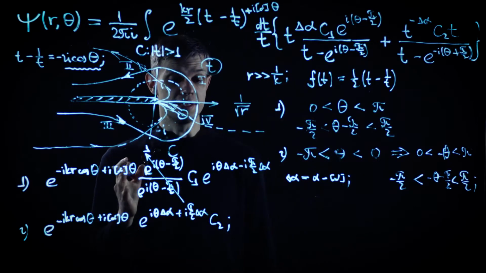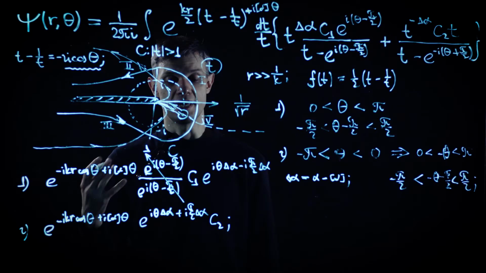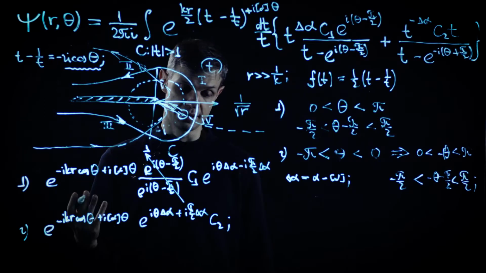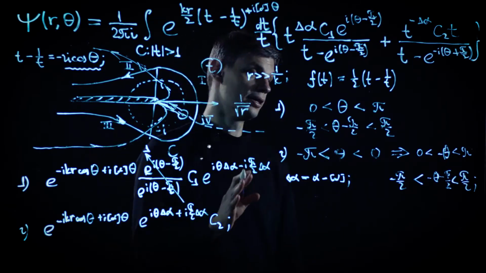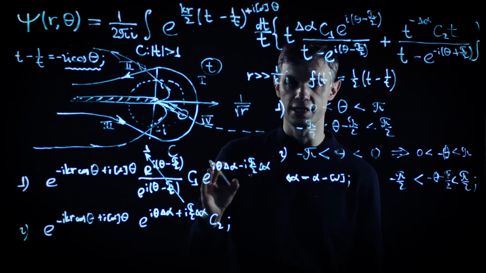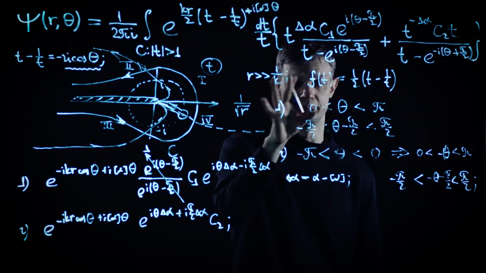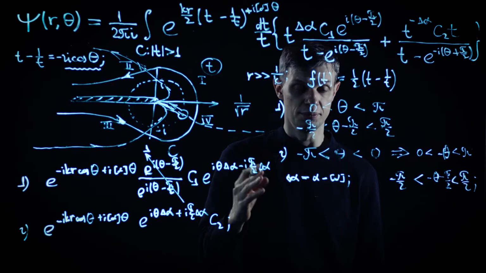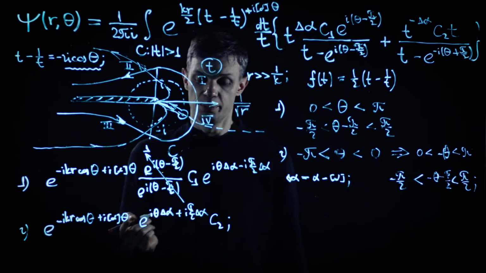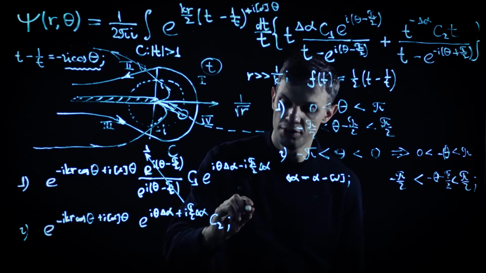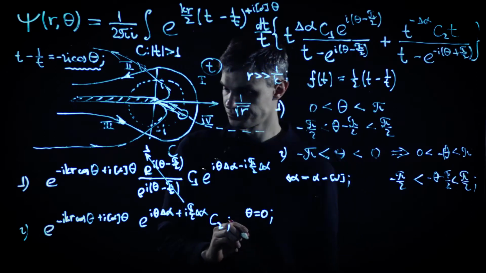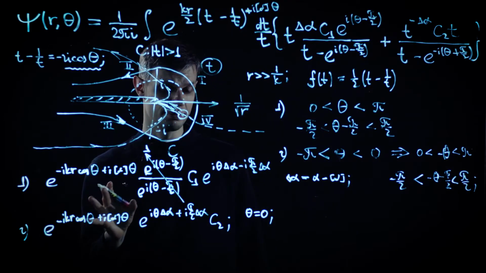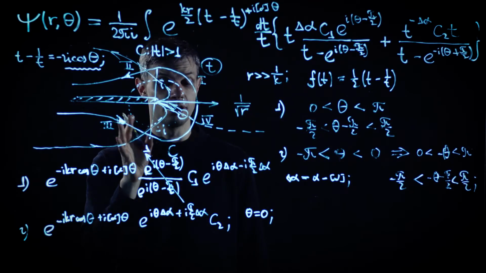Well, actually, these two functions should represent the same wave function. We expect this. So these two formulas should be identical. In fact, they are valid in different regions of the scattering plane. But they should match at the point theta equals 0. And if you compare them, you will notice they are almost identical.